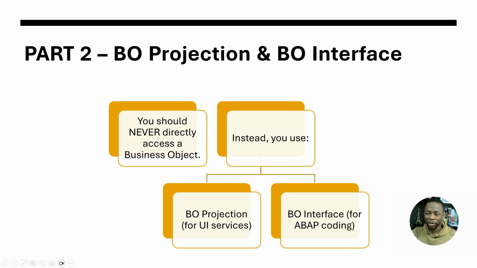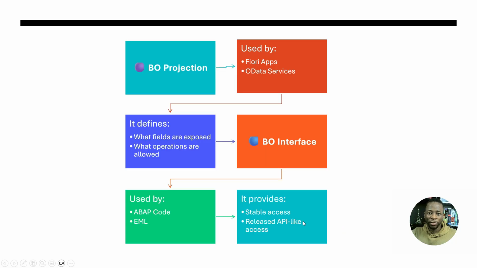So for projection, that's for the UI services, and for interface, that is for ABAP coding. So business object projection is actually used by Fiori apps and OData services to consume your business object behavior, and then it defines what fields are exposed and what operations are allowed. For the business object interface, this we use inside the ABAP code, and it is also used by the entity manipulation language, and it provides stable access and released API-like access.